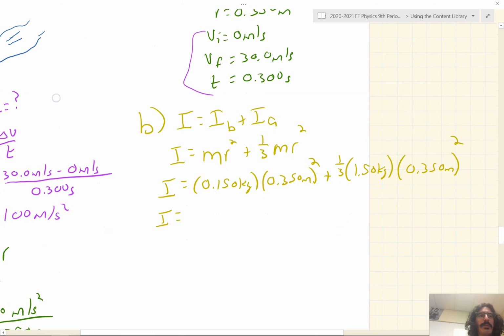And we get a moment of inertia of the system to equal 0.0797 kilograms times meters squared.